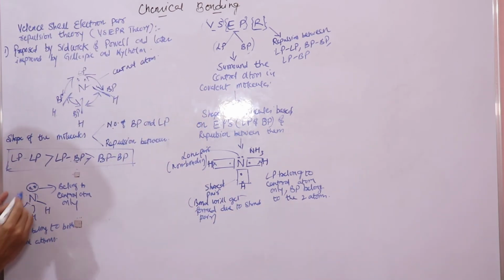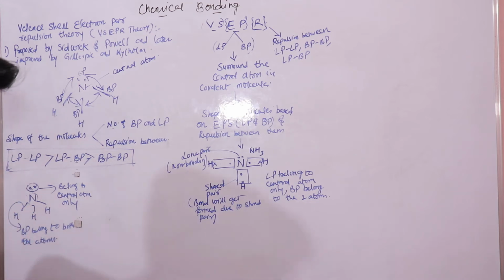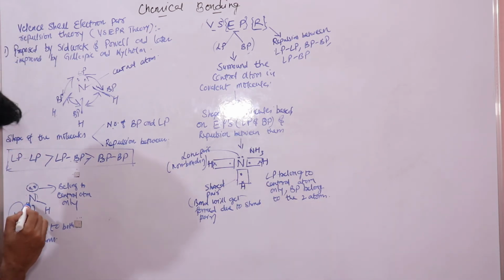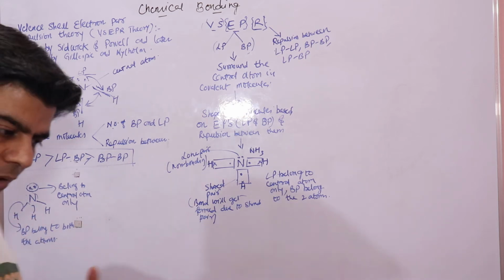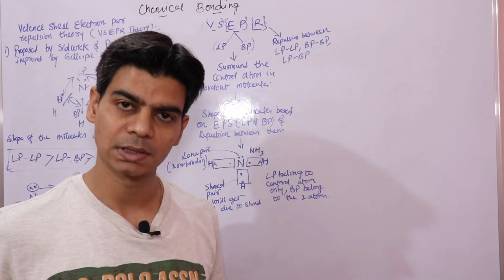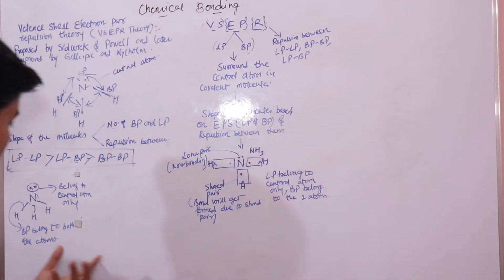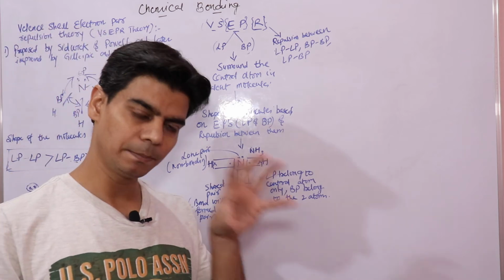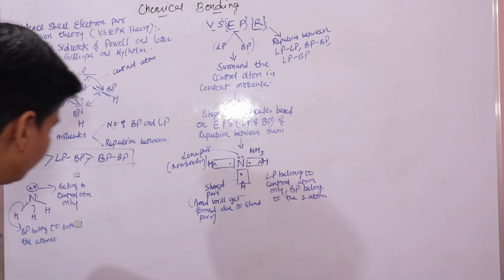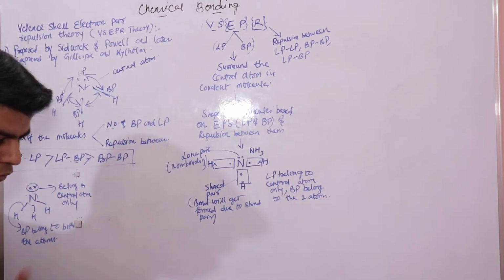The space occupied, since this lone pair is localized on this one atom only, would be more compared to these bond pairs, because these bond pairs belong to nitrogen and hydrogen, right? So the space that would be occupied by bond pair would be less compared to lone pair. The electron cloud of lone pair will occupy more space, because it's localized on one atom only, right? So this is the improvement, right?